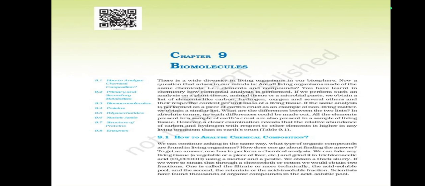What are the differences between the two lists? In absolute terms, no such differences could be made out. All the elements present in a sample of Earth's crust are also present in a sample of living tissue.